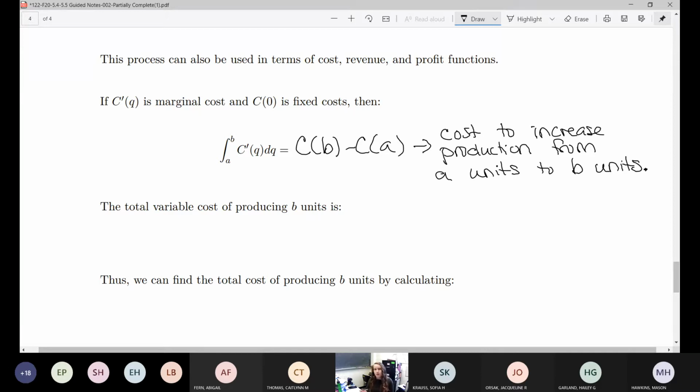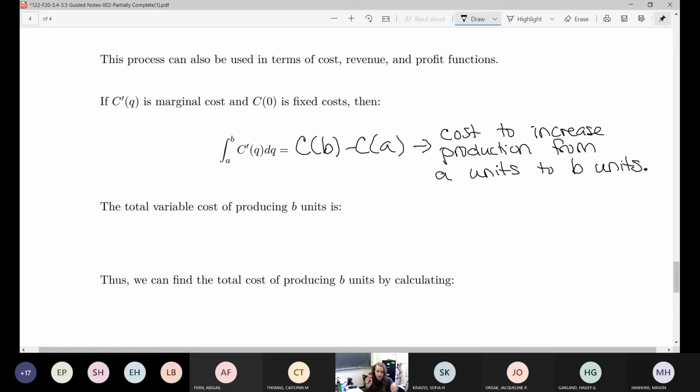So remember way back when we were originally first talking about cost, revenue, and profit, we talked about the fact that there's fixed costs and also variable costs. So remember, fixed cost was essentially the thing you're paying no matter what, your rent, your electric bill, whatever. Cost for materials. And then the variable cost was the cost to make each item.